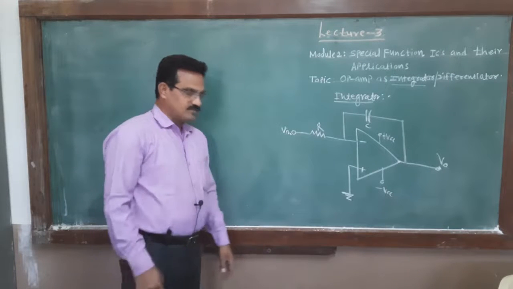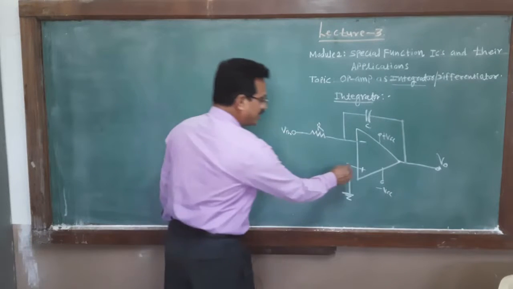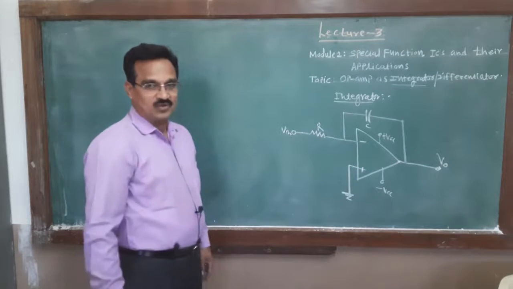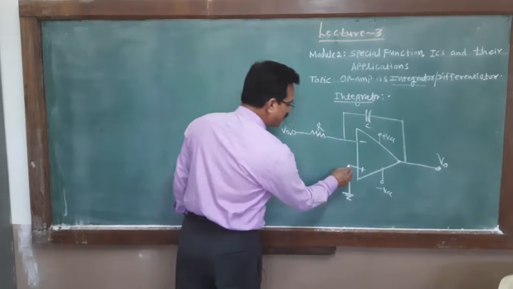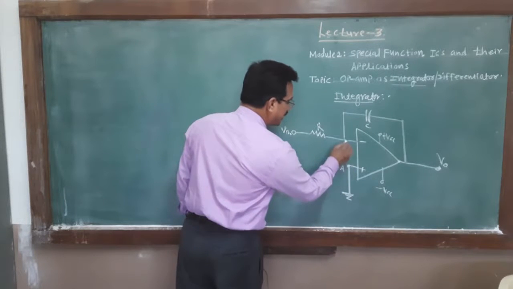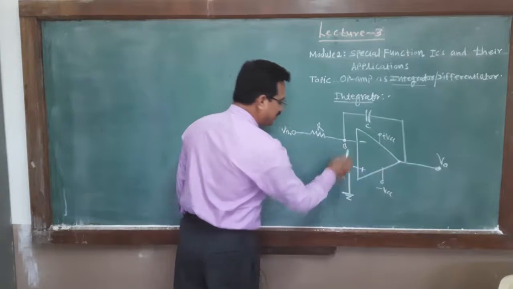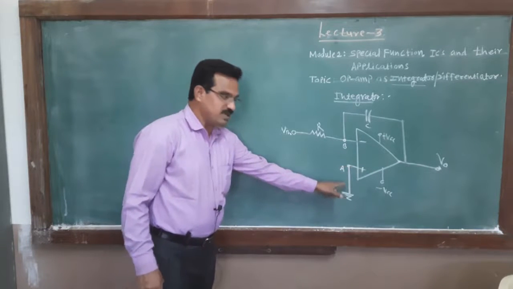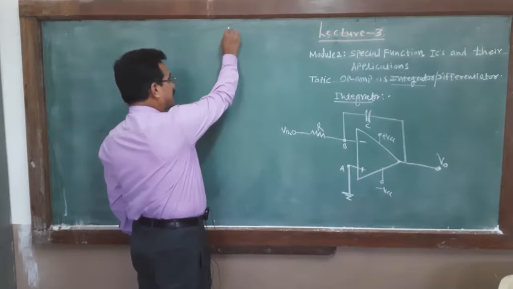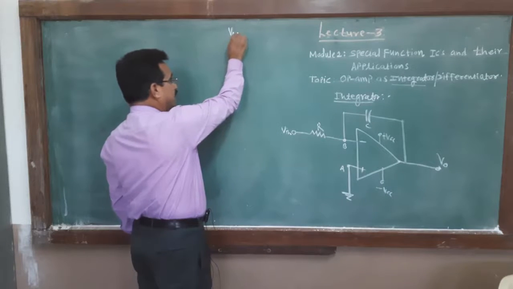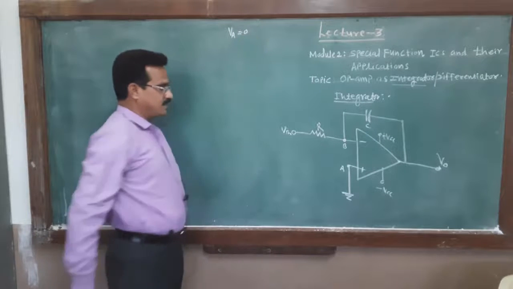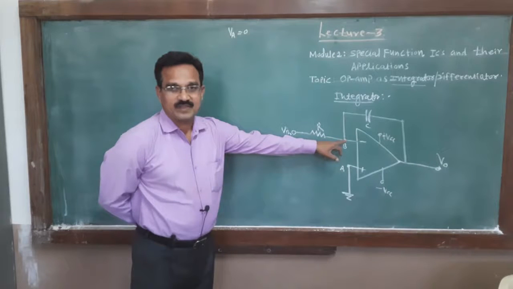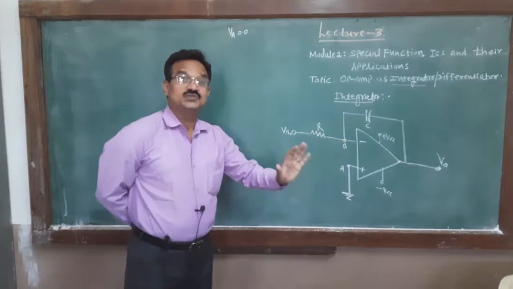See here, again the non-inverting terminal is at ground. Call this particular point A, and this point B. Point A is connected to ground, which means the potential at point A, VA, must be equal to 0. And the potential at point B is a virtual ground point.